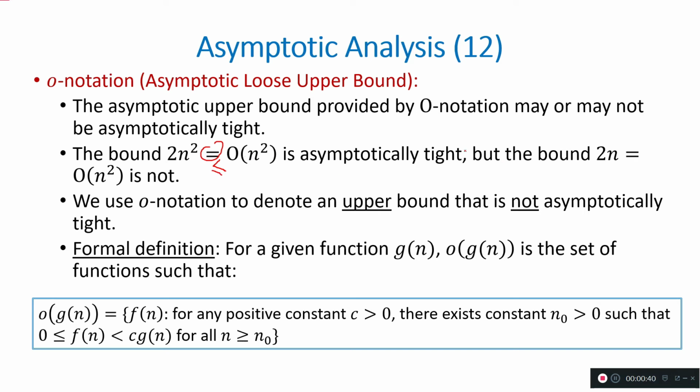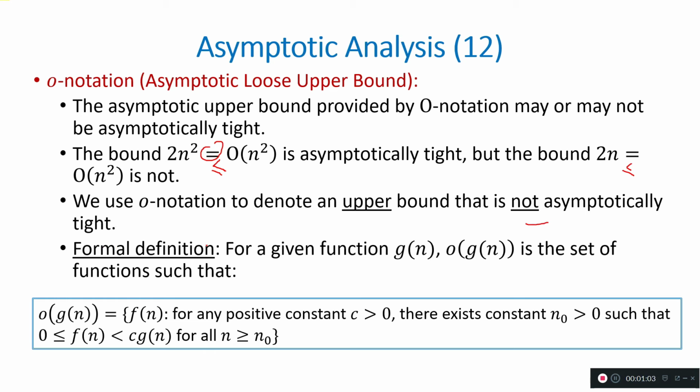So it is asymptotically tight. But we cannot say that 2n is less than equal to big O n squared, because the equal condition does not satisfy. So the small o notation is used to denote the upper bound that is not asymptotically tight.